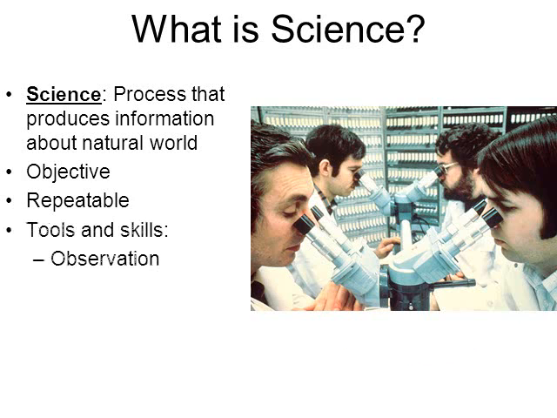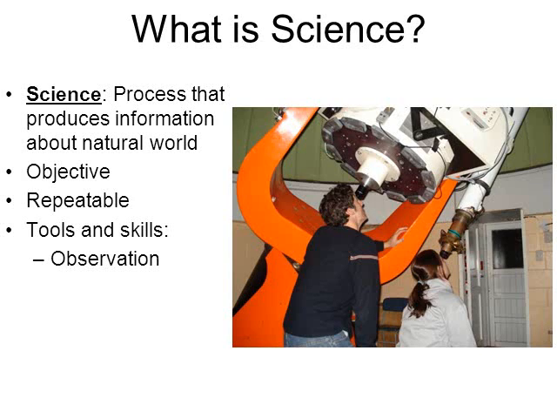One thing about science is that there are certain tools and skills that are used to gather information, and probably one of the more obvious ones is the skill of observation. Here we have people doing microscope observations, trying to uncover more secrets of the microscopic world. Here we have pretty much just the opposite, using a telescope to peer into the nighttime sky and uncover secrets of the universe.